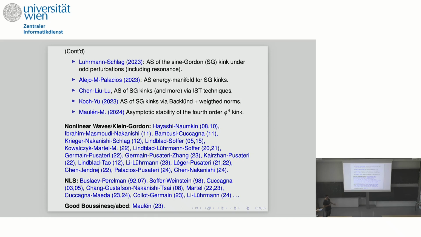You can also use the inverse scattering transform, and you get more than asymptotic stability of kinks. You can use Bäcklund transformations, right? And weighted estimates to prove asymptotic stability. And very recently with Maulen, we considered the fourth-order phi4 kink, and we proved asymptotic stability of that kink. So, you know, there is a huge number of people working on this now.